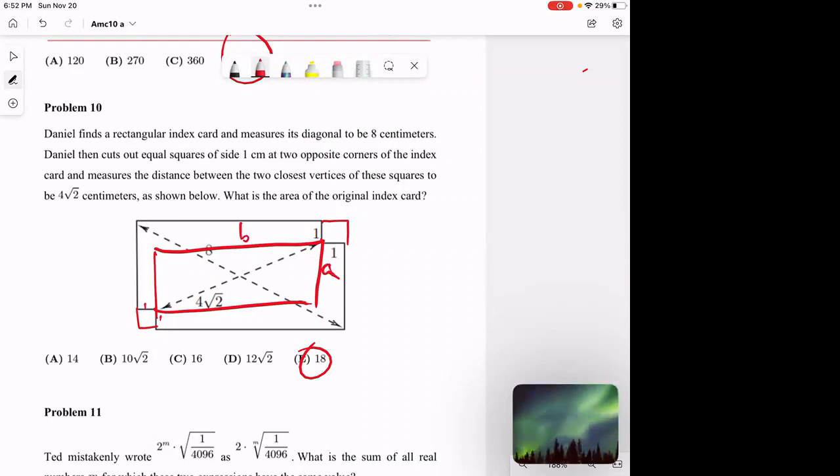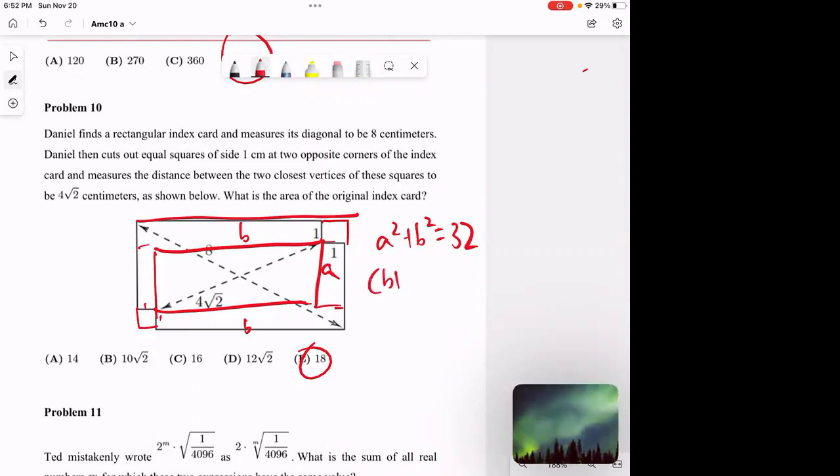So we have, using Pythagorean theorem, A squared plus B squared equals 4 root 2 squared, which is equal to 32. And then we also have that this whole length right here is B plus 1 plus 2.